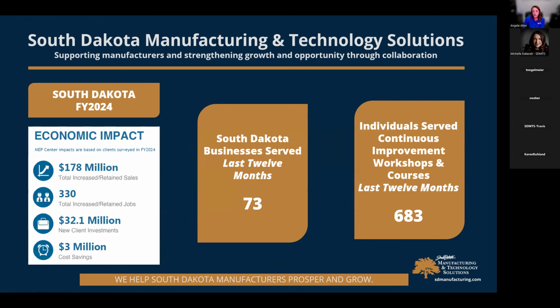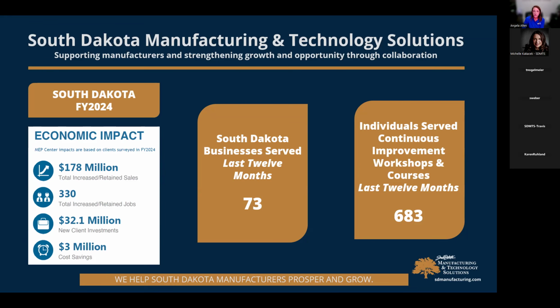For 2024, the MEP Center surveyed clients, and in total, 178 million in increased and retained sales were reported, 330 retained jobs, and new client investments were 32.1 million, and they realized a cost savings of 3 million per year in 2024.